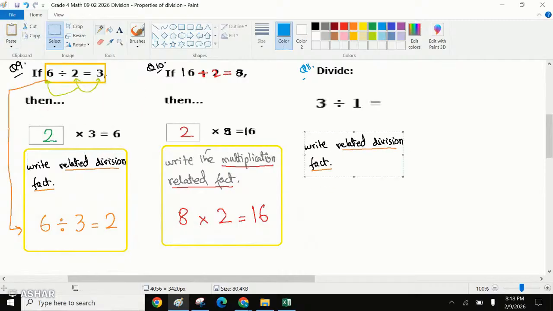Let's try to write the division. Any number when divided by 1, that means it stays the same. Agreed? That means 3 divided by 1 would be 3.